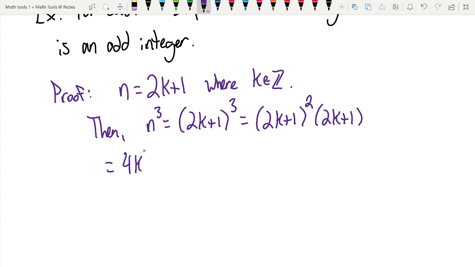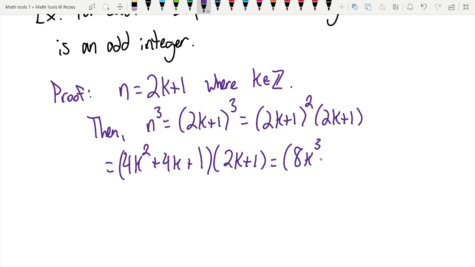So we get 4k squared plus 4k plus 1 times 2k plus 1. Okay. And then that's going to be 8k cubed plus 8k squared plus 2k plus 4k squared plus 4k plus 1.